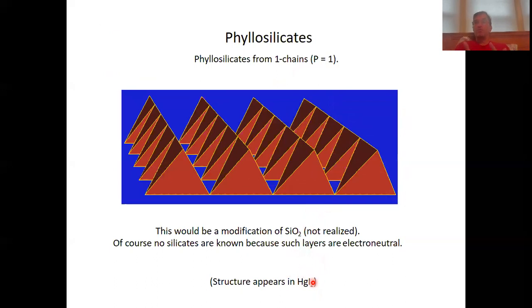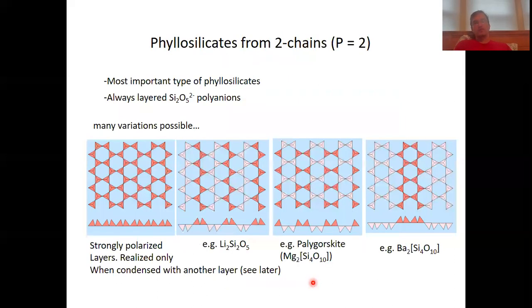Therefore, it is not surprising that they prefer fundamentally different structures than silicon dioxide does. So this most simple silicate is not realized in nature.